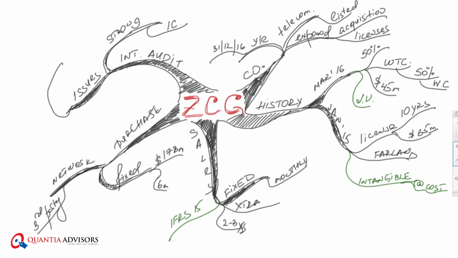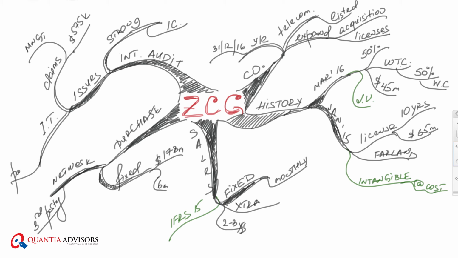Okay, I'm almost done with the mind map. As a final touch, you can highlight all the numbers with yellow or any other color, just to make sure that they don't get lost in all the other pieces of information.